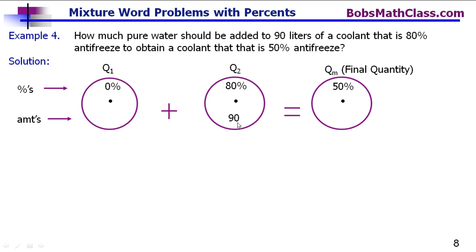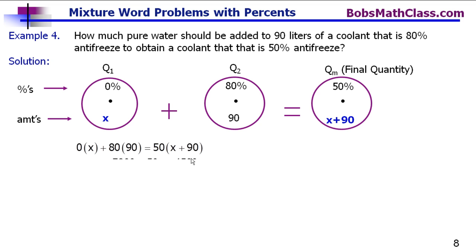Okay, so case 1, case 2, or case 3? Case 2, because we have one of the numbers, which is 90. So the first amount is going to be x, and then our last quantity is going to be x plus 90. Remember, it's addition. Write down our product. Well, this is nice. 0 times x. What's 0 times x? Right, just 0. So that's going to drop out.